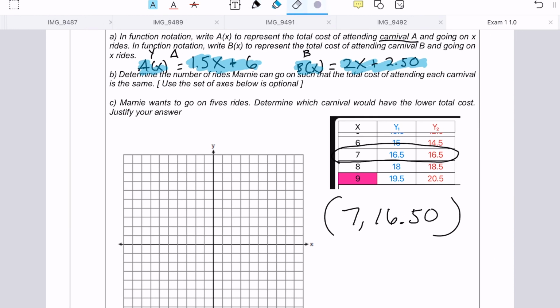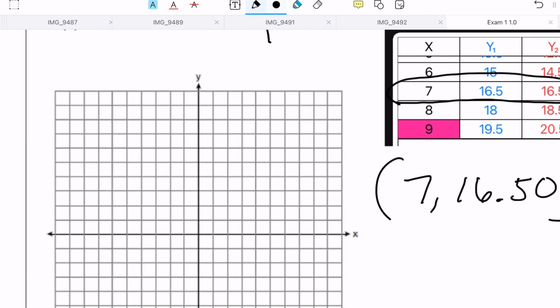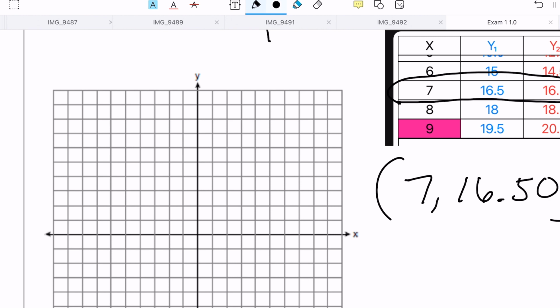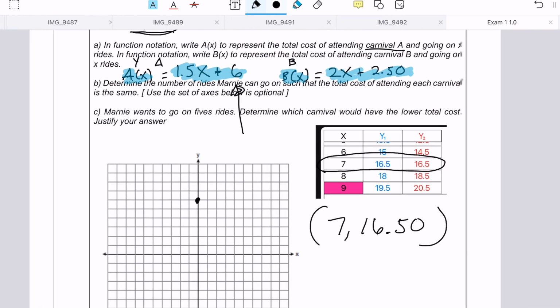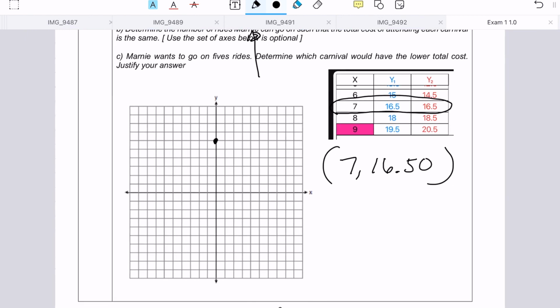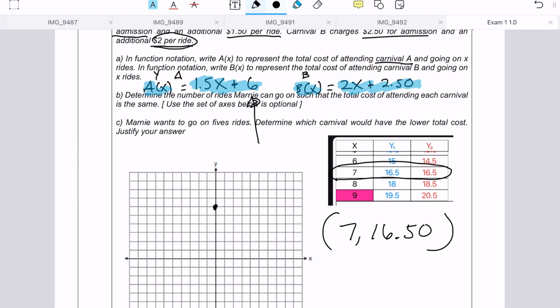Okay, so to graph, we see that we start at 6. 1, 2, 3, 4, 5, 6. And the other one starts at 250. Now the only thing is halfway points.